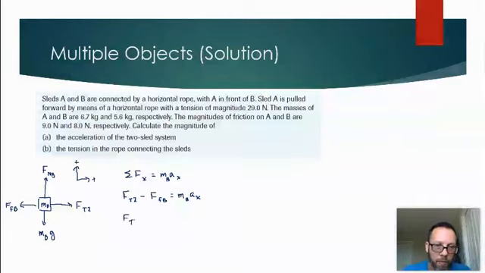We can solve for it. FT2 equals MB times system acceleration plus that force of friction on B. And let's just plug stuff in. So mass B is 5.6 kilograms. System acceleration we got was 0.98. Just going to double check that, 0.98. And the force of friction on mass B was 8 newtons.